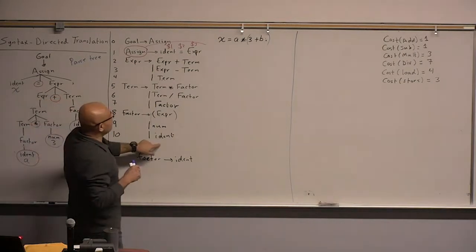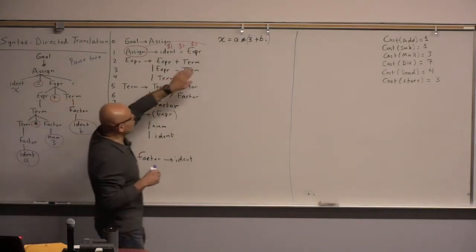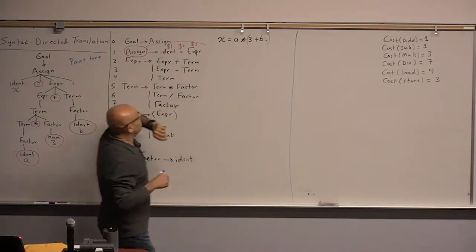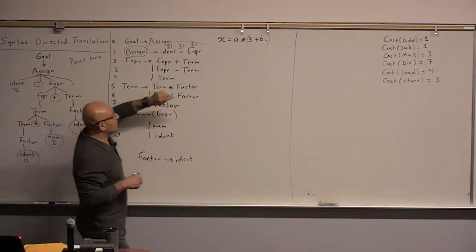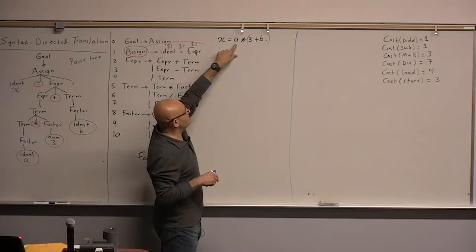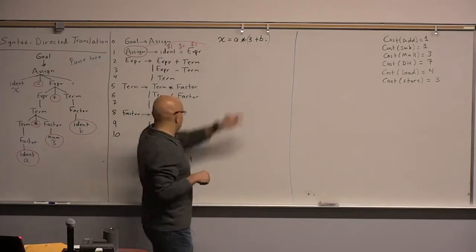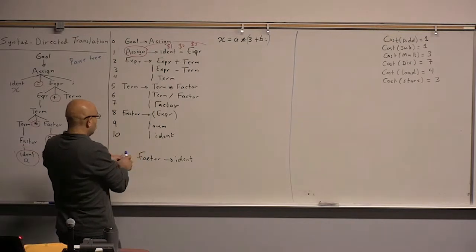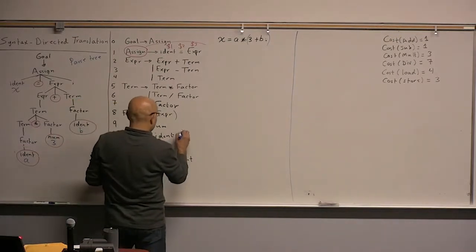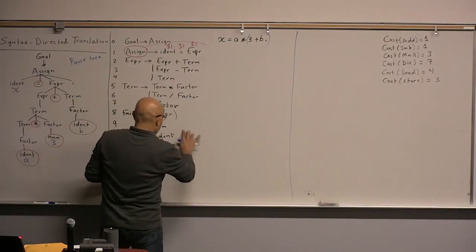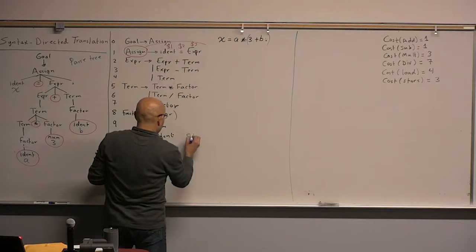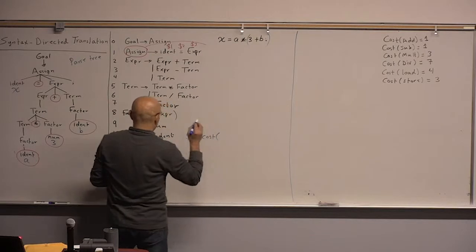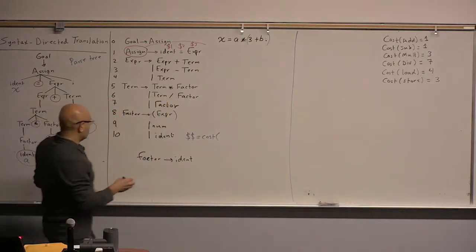So for an identifier here, in order to compute this, we will assume that the code that will get generated is going to load A from memory. So for every identifier reduced to a factor, we will have an embedded action, $$ equals the cost of a load.